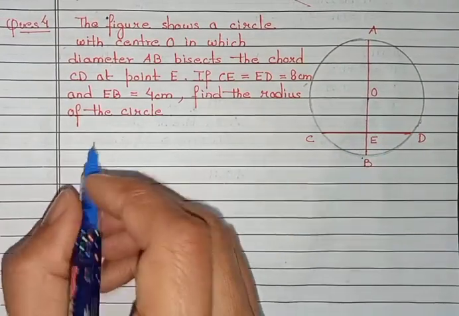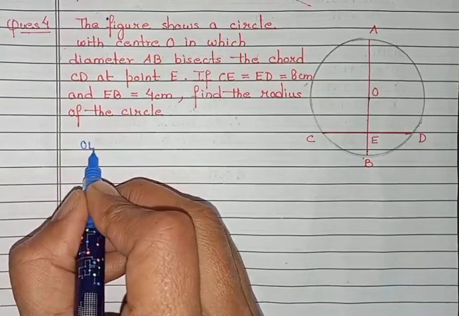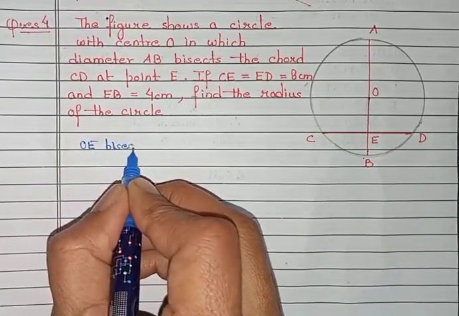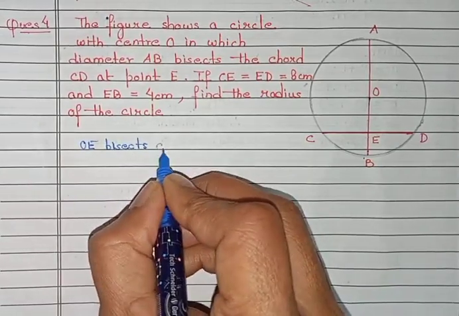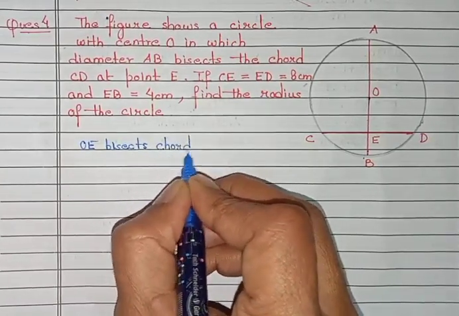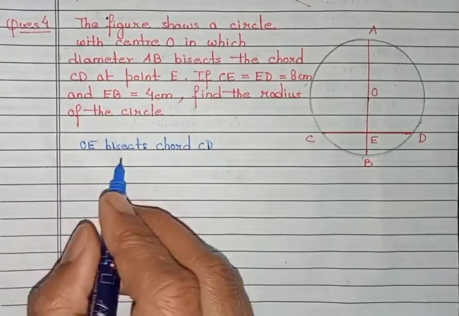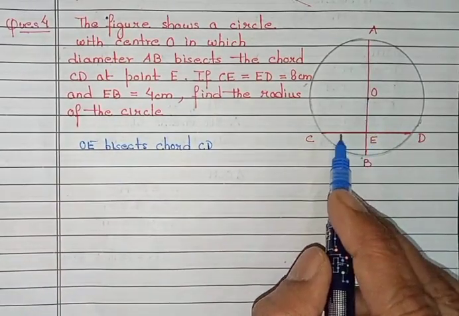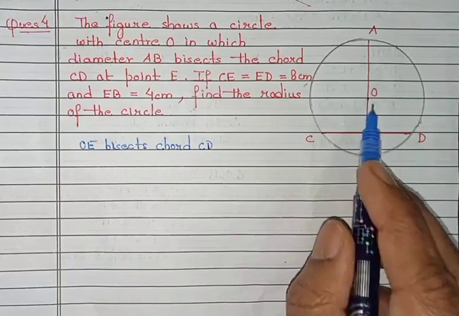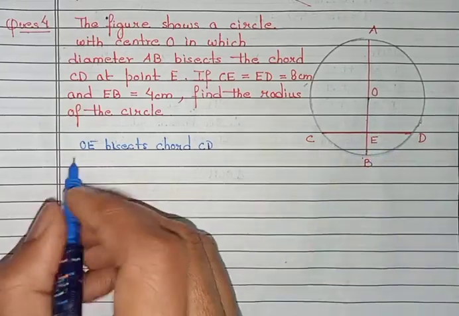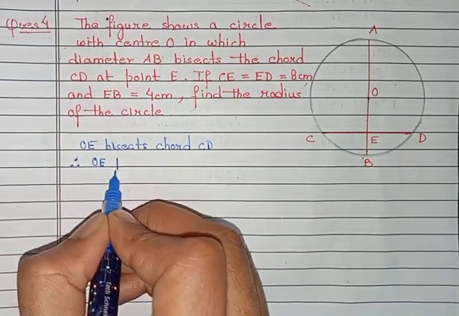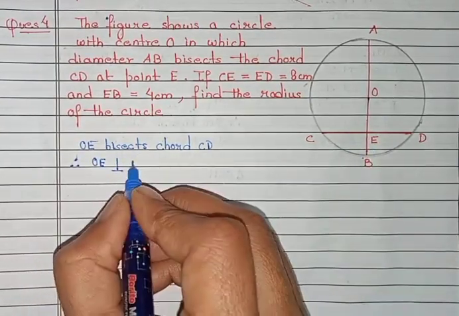So here you can say OE, it is a line from the center, it is bisecting the chord. And the theorem says a line from the center which is bisecting the chord is always perpendicular to the chord. Therefore OE is perpendicular to CD.